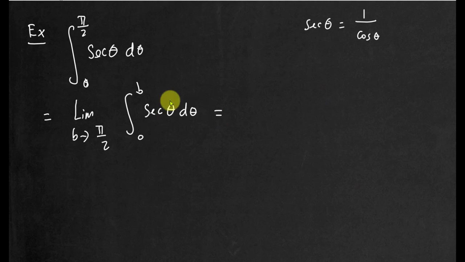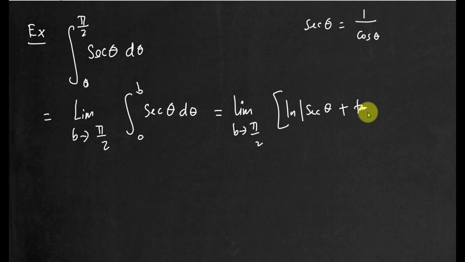And then we know the basic rule for the integral of secant. The integral of secant is just the ln of the absolute value of secant theta plus tangent theta. This is the basic formula for the integral of secant, and then we still evaluate the answer from 0 up to b.